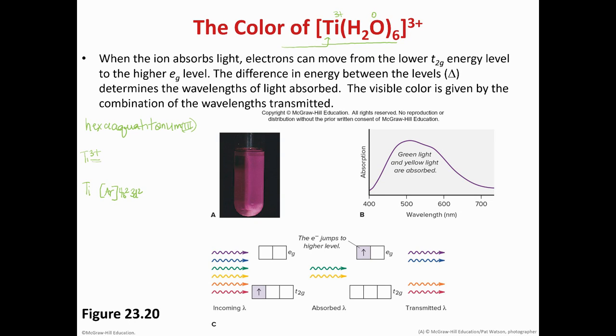If it loses 3, 4s is gone first, and one of the d electrons, so it's a d1. So this explains why there's only one electron shown here.